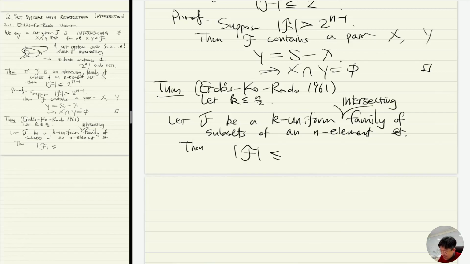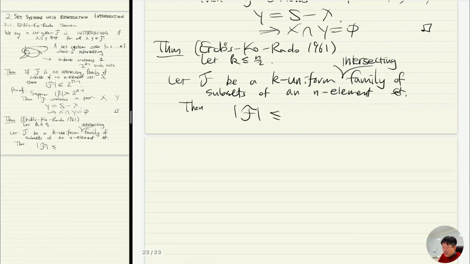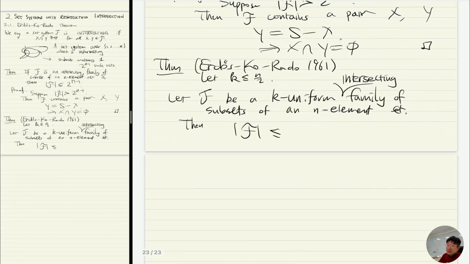I should have said that. So if k is bigger than n over 2, then any two subsets of size k will have a non-empty intersection, so this family is intersecting. So n choose k is the correct answer, but the problem is not interesting. The only interesting range of k is when k is up to n over 2.